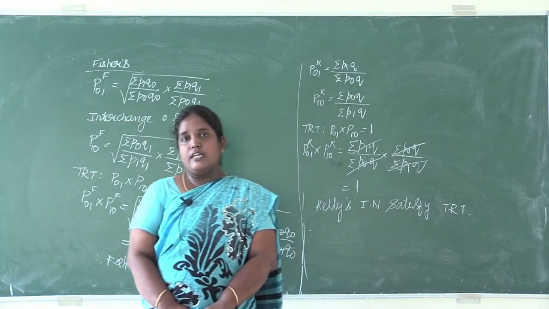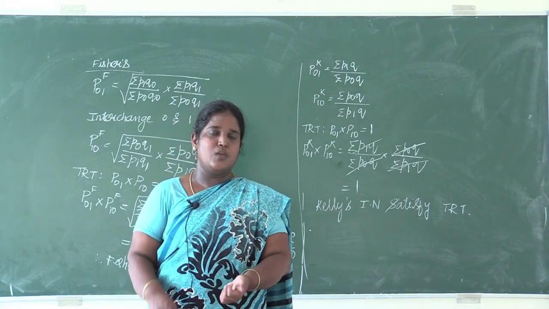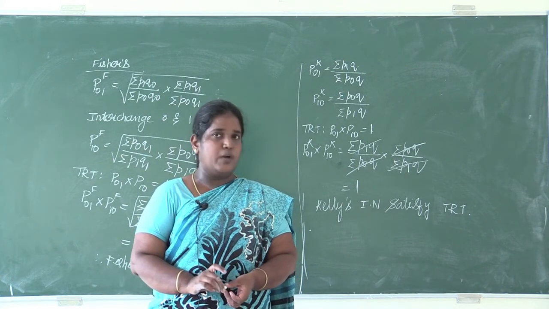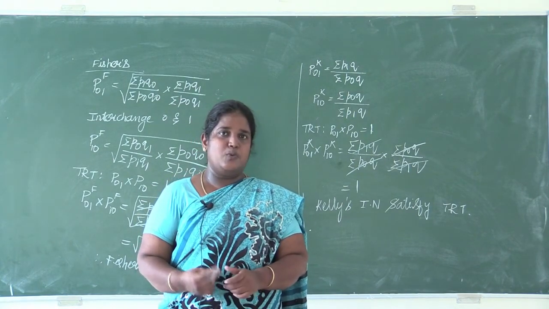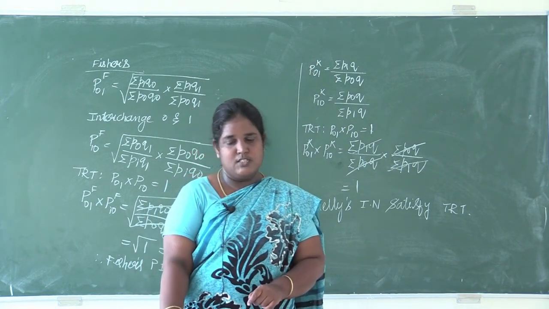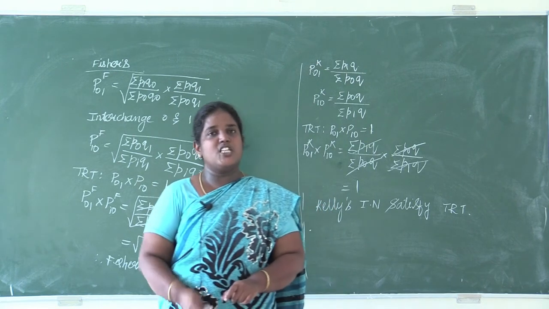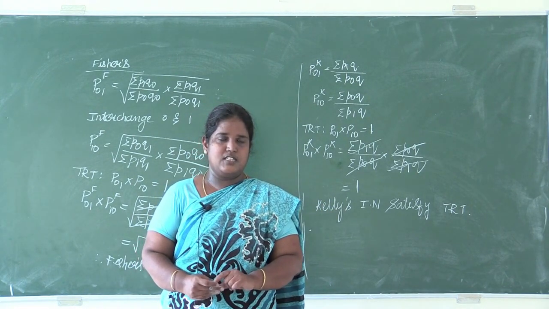So this is regarding the unit test and the time reversal test. Unit test will be asked in 2 marks or 1 mark. Time reversal test, 10 marks it can be asked. It will be asked in 5 marks and even in 1 mark questions. So we have 2 more methods, factor reversal test and circular test, that I'll be continuing in the next class. Thank you.